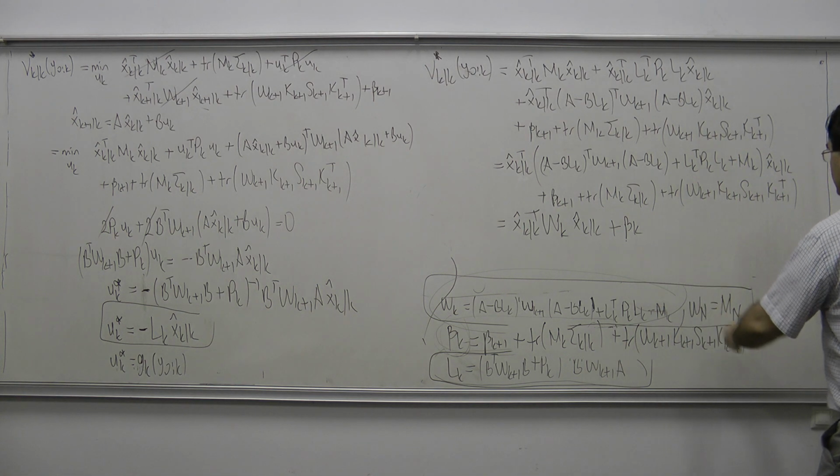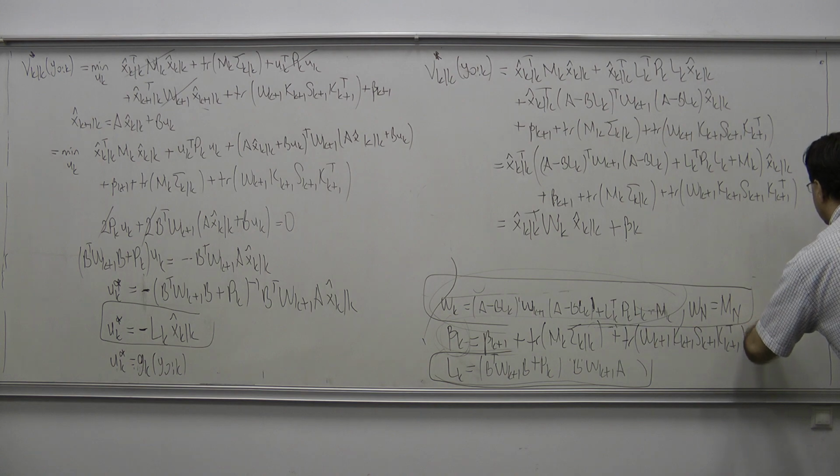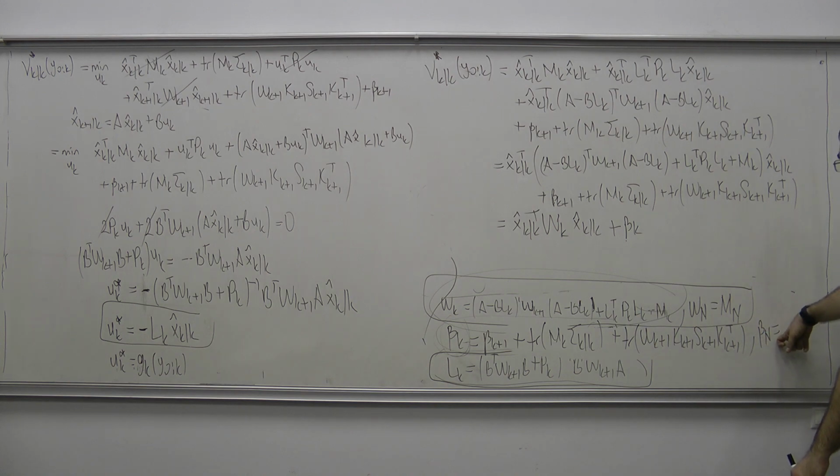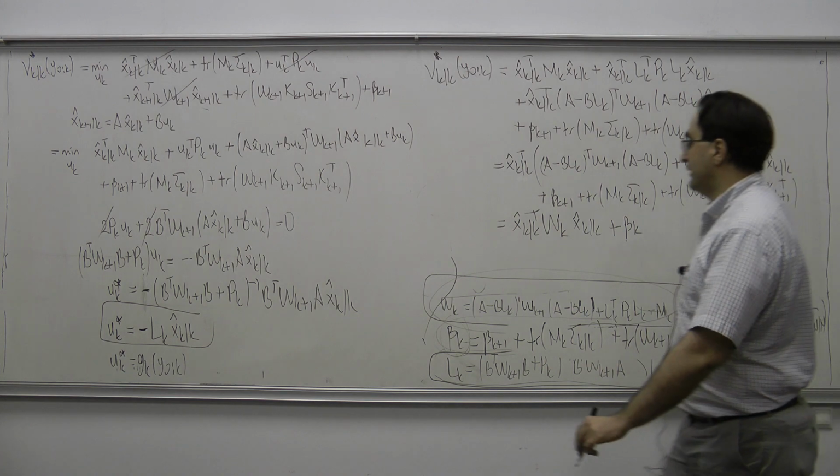And how did we start the beta? We started betas from beta n. In the complete information case, beta n was equal to 0. Here it's not. We started it from trace of Mn Sigma n given n.